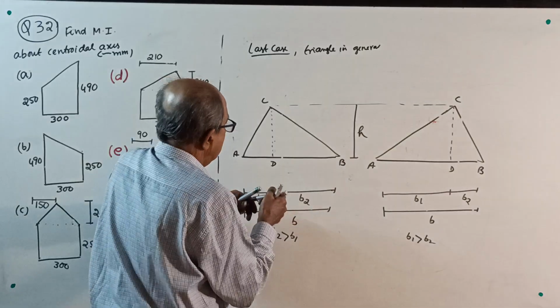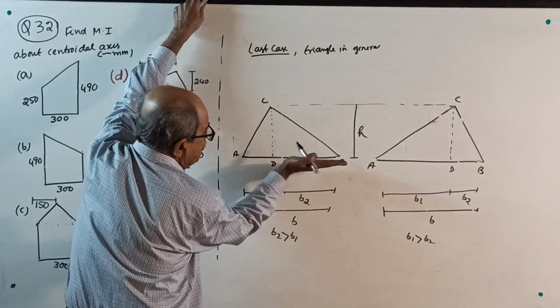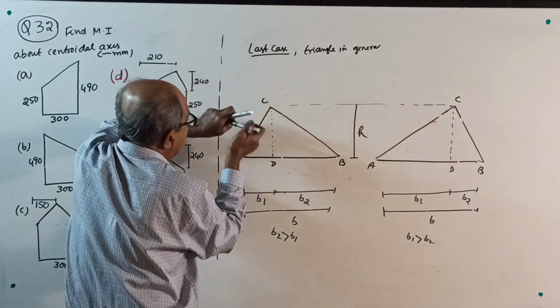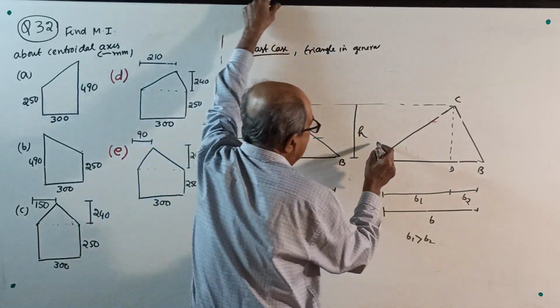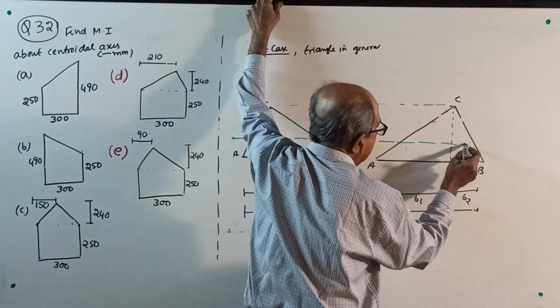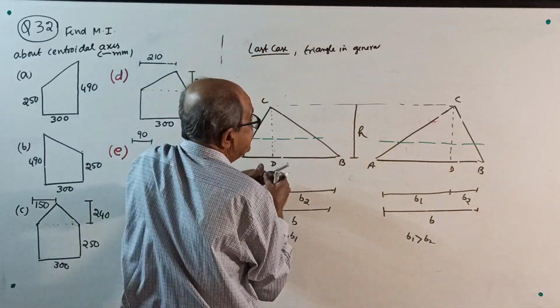Now, the centroid. When you want the centroid, from the base along the height, it is 1/3. This is no problem. Centroid. See how much distance? H, I will do one thing now.